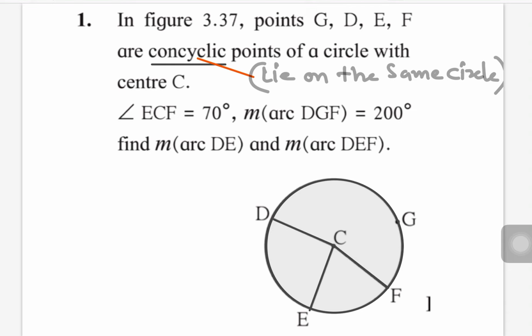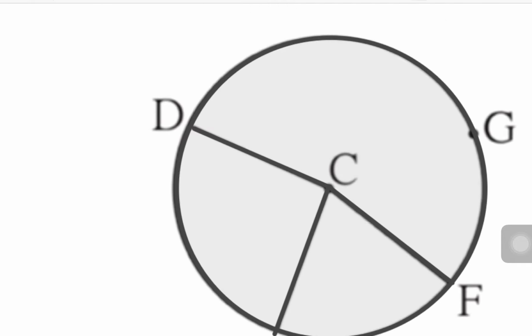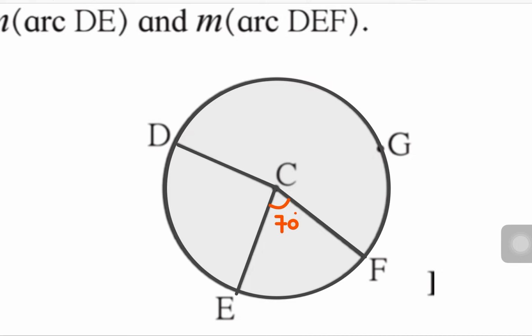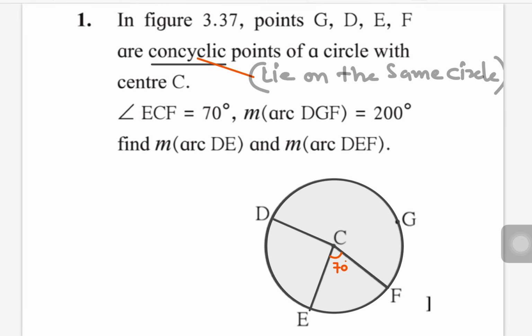The measure of angle ECF is given as 70 degrees. Then the measure of arc DGF is equal to 200 degrees.